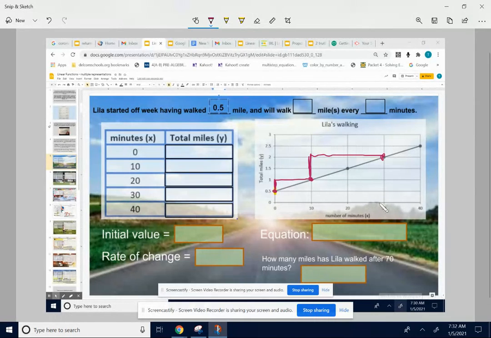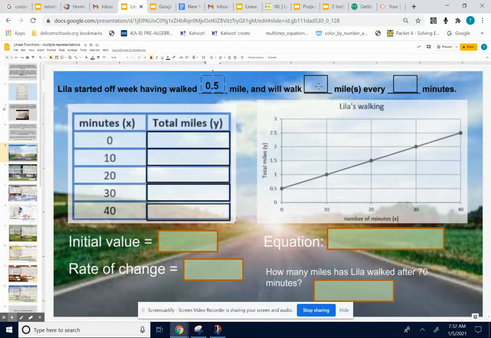So she's increasing 1 mile every 20 minutes. But again, I could put 1 mile for every 20 minutes, or a half a mile for every 10 minutes. They're both okay.